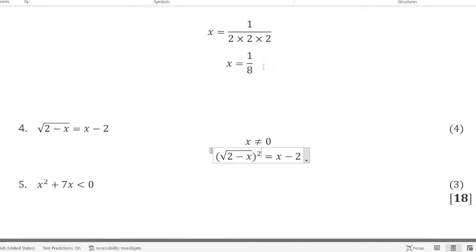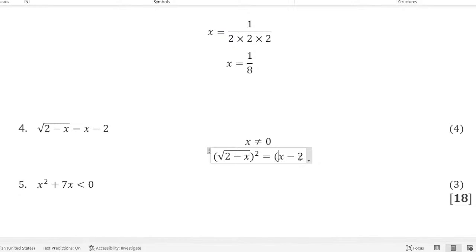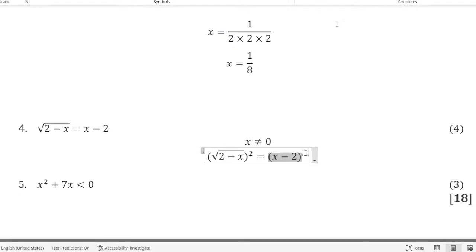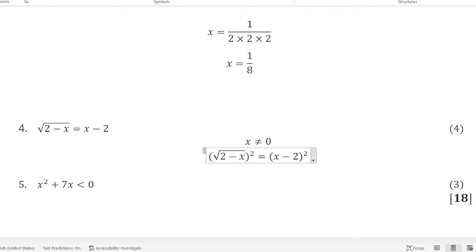If we squared everything on the left hand side, we squared everything under the square root. So now we have to square the right hand side so that we don't change the original equation. So here we're gonna square this. We have x minus 2 all squared.